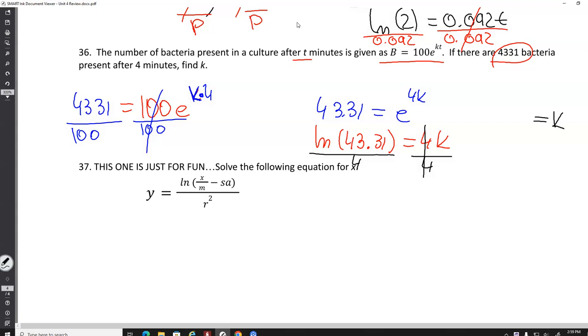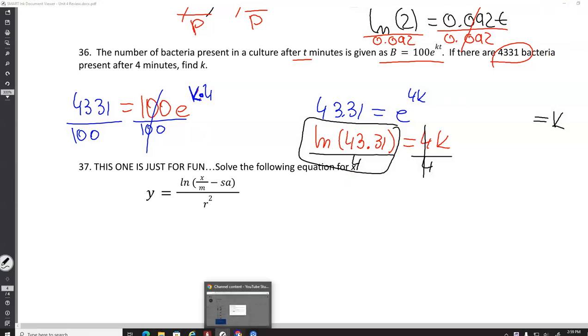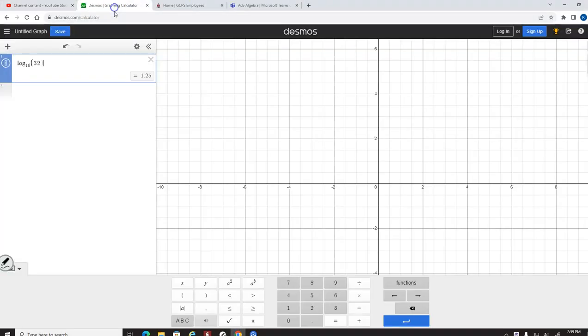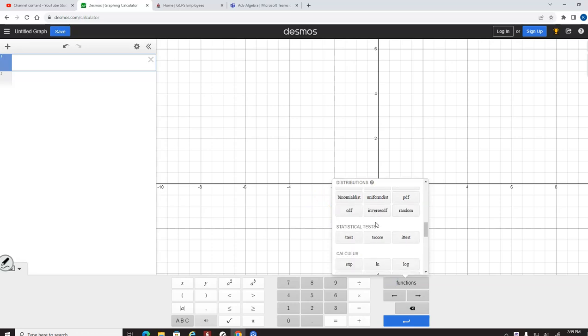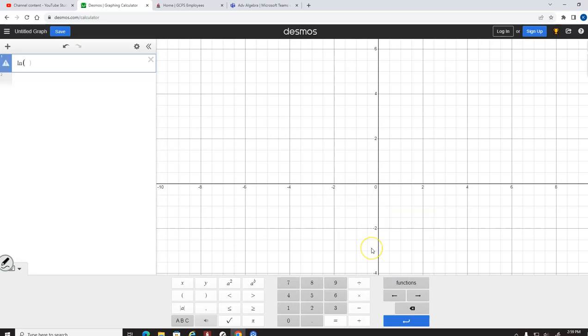So K will equal, and again, you're putting all of this into a calculator. Okay, so I can show you guys very quick. Let me do it, ln. It has a natural log. There you go. ln of 43.31.